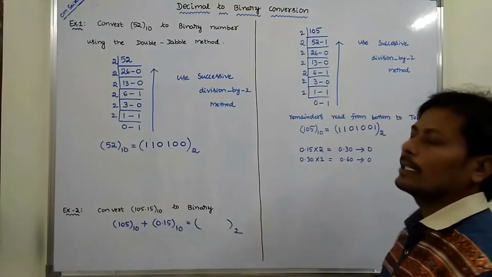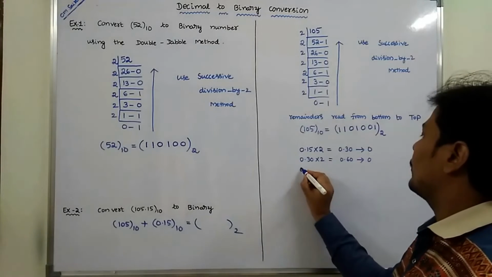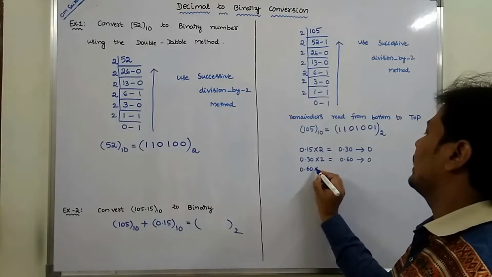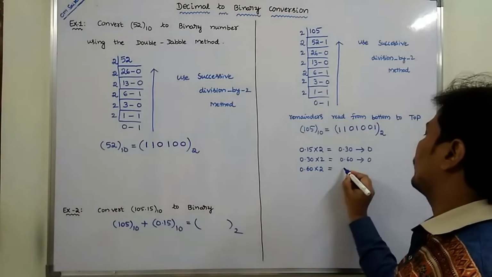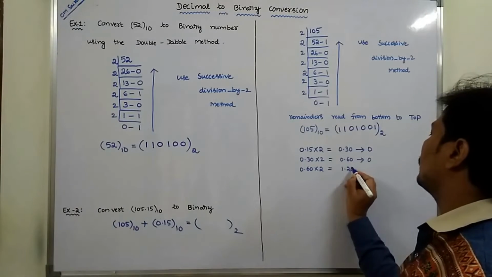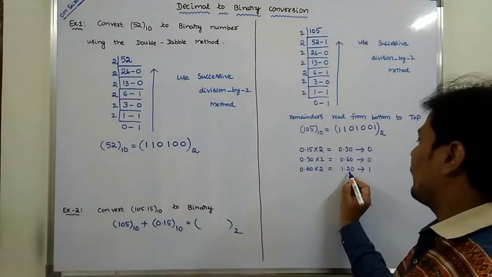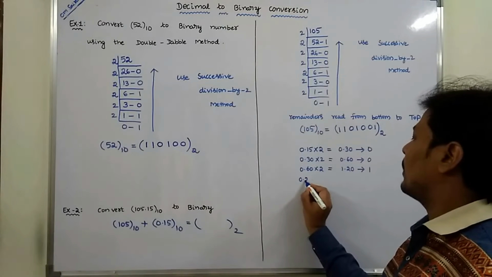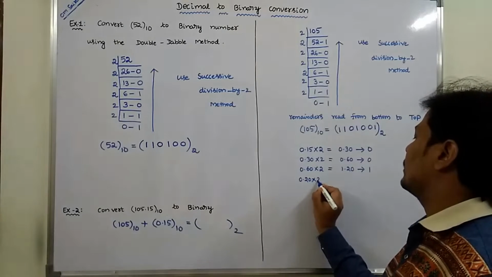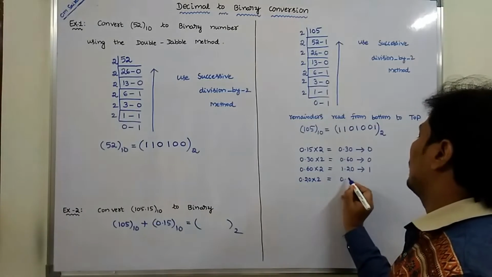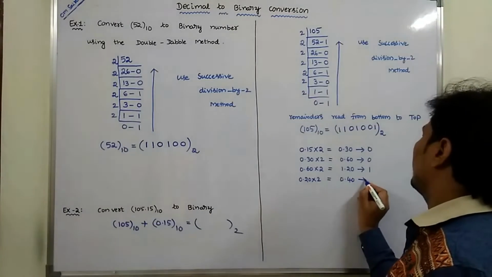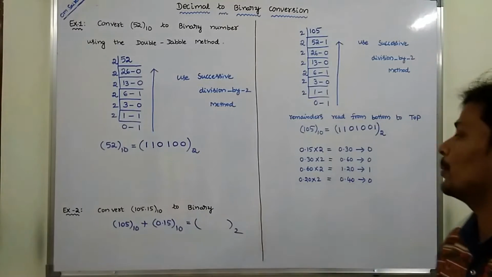Integer part is 0. Now 0.60 into 2 is equal to 1.20. Separate the integer part 1. Remaining fraction part 0.20 into 2 is equal to 0.40. Here integer part is 0.